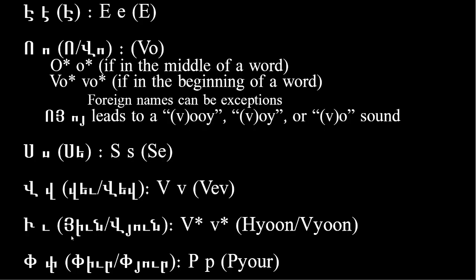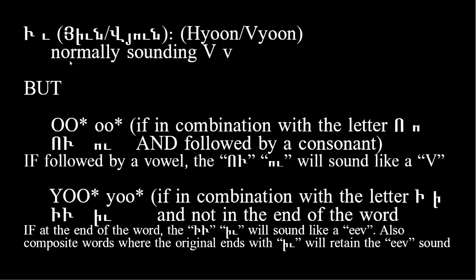In both the names of Hyun and Pure, we can get a sneak peek of the exceptions for Hyun. So Hyun, normally it sounds like a V, but if in addition with the letter Vo, as shown here, it gives a U sound. But if followed by a vowel, the Vo and Hyun letter combination will sound like a V, as in the word for God, Astvad. Finally, it can sound like a U sound, if in combination with the letter Ini.